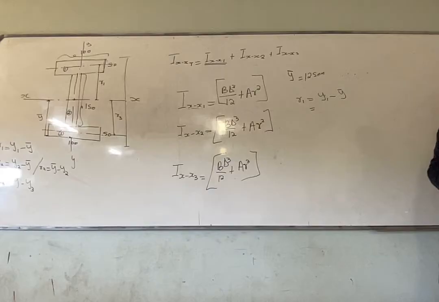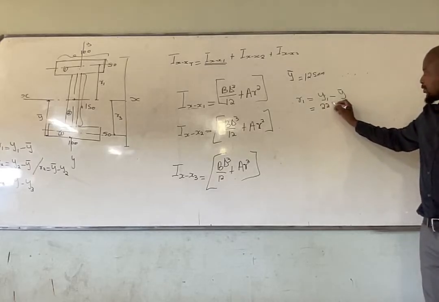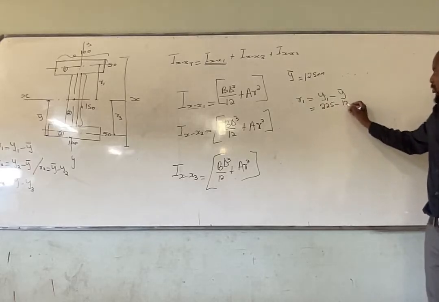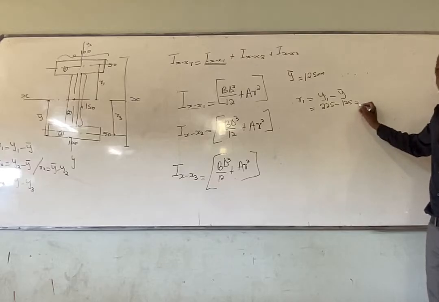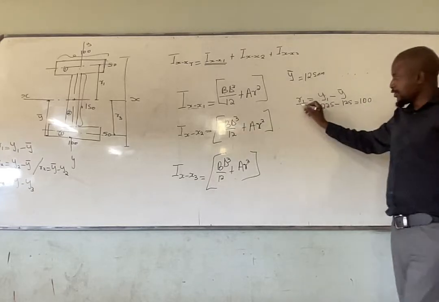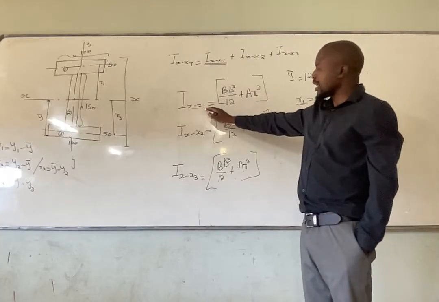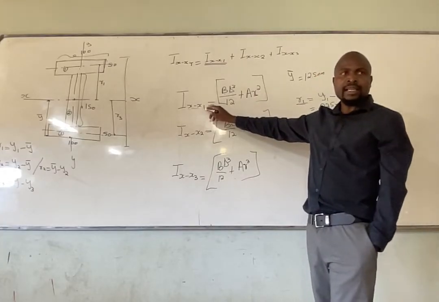It's from the bottom to the center of area 1, which is 225. 225 minus 125. And what do we get? 100. So this is the value which you are going to substitute here, because that is under IXX1.